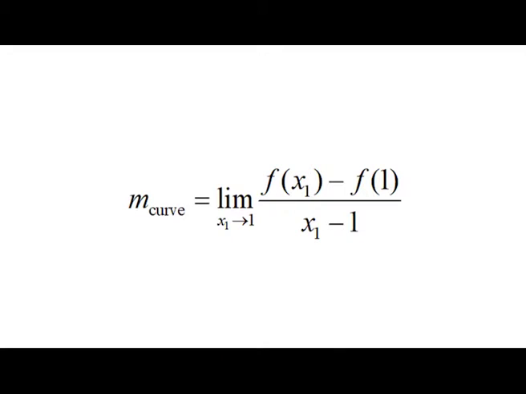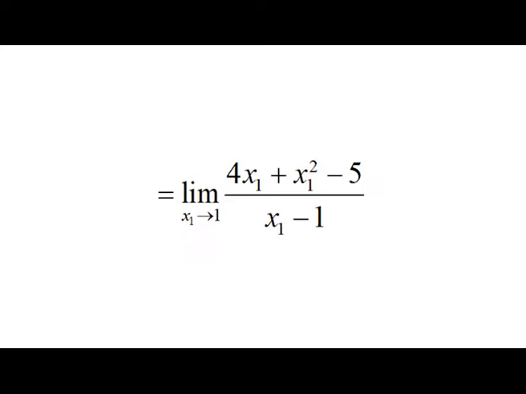Next we find the slope of the graph of y equal to f of x equal to 4x plus x square at the point p, ordered pair 1, f of 1, equal to ordered pair 1, 5. The slope of the graph of f at the point p with x naught equal to 1 is m curve equal to limit of f of x1 minus f of 1 upon x1 minus 1 as x1 approaches 1, equal to limit of 4x1 plus x1 square minus 5 upon x1 minus 1 as x1 approaches 1.